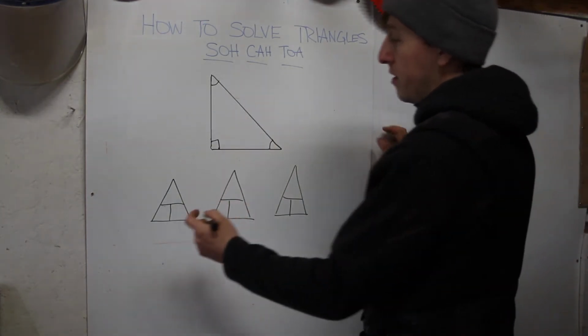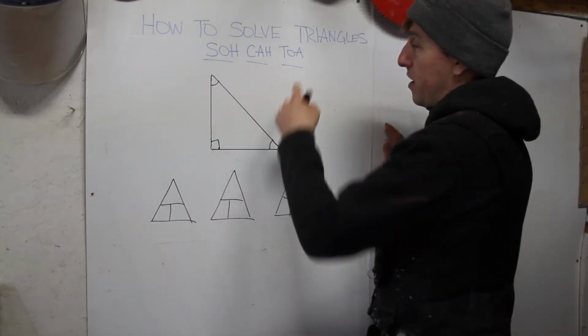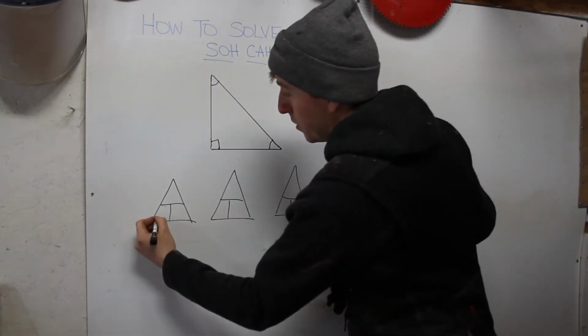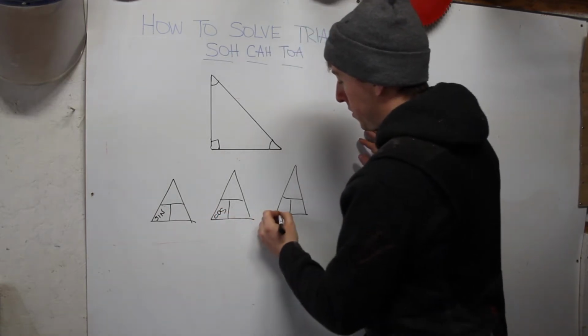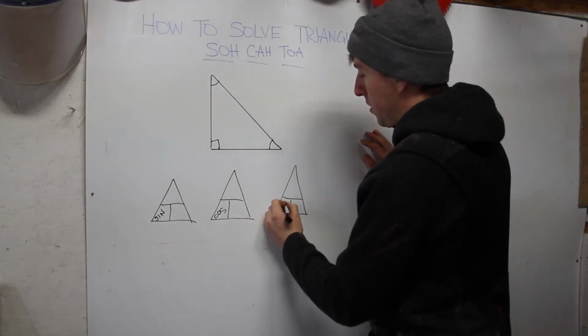So we'll start with sine. You always start with the function in the bottom left corner. So sine is down here, cos is down here, and tangent is down here.